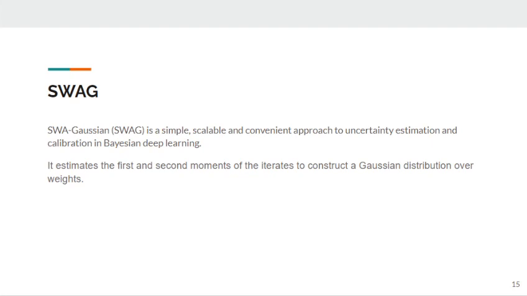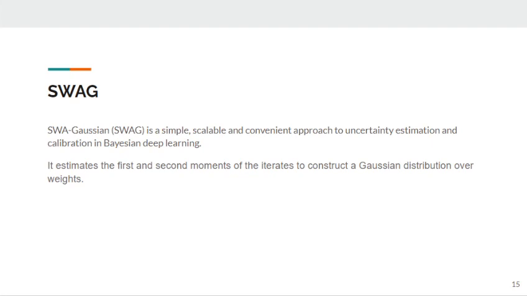SWAG, stochastic weight averaging Gaussian, is a state-of-the-art model form uncertainty quantification technique founded on the concept of stochastic weight averaging, or SWA. It's a simple, scalable, and convenient approach to uncertainty estimation and calibration in Bayesian deep learning that approximates the posterior distribution of the collected weights as a Gaussian distribution, conditioned on the training data.